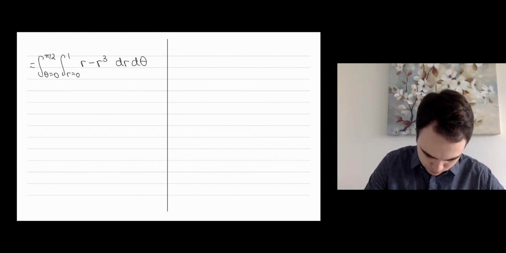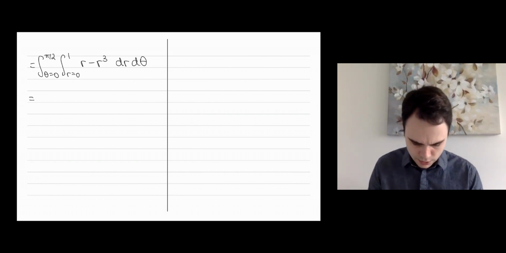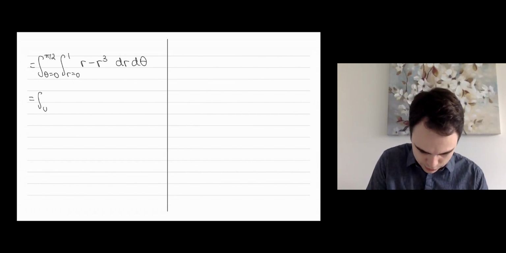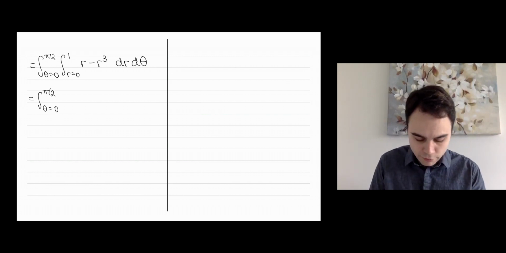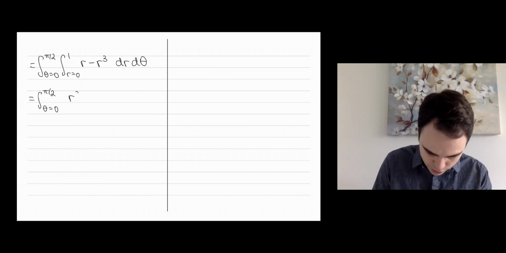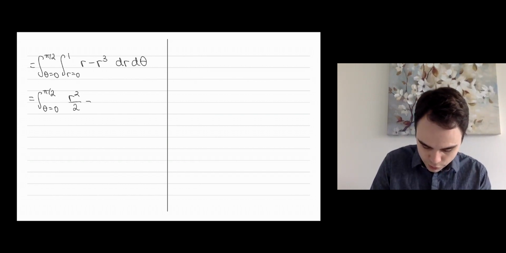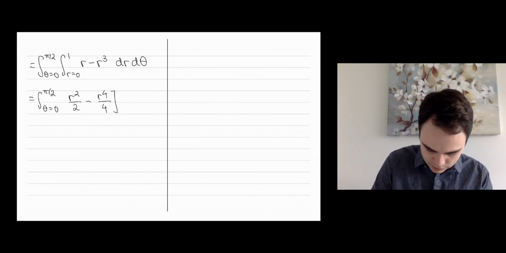So let's do it. The theta integral will just be left outside; I won't touch it for the time being. The integral of r dr is r squared over 2. The integral of r cubed is r to the 4th power over 4. And then I evaluate this between 0 and 1.